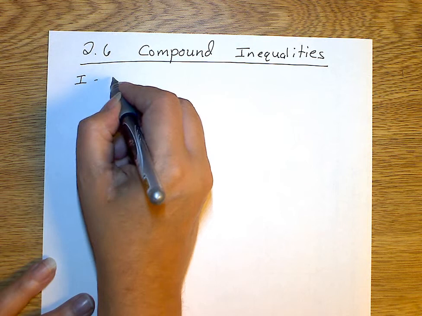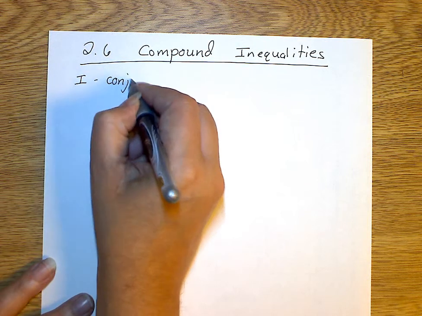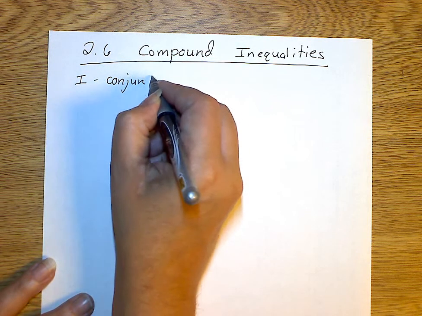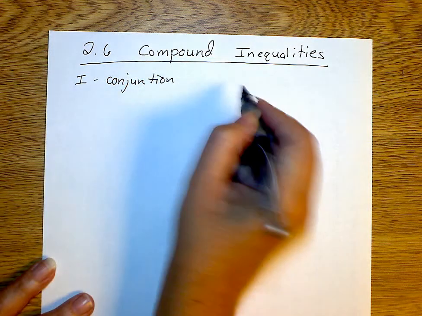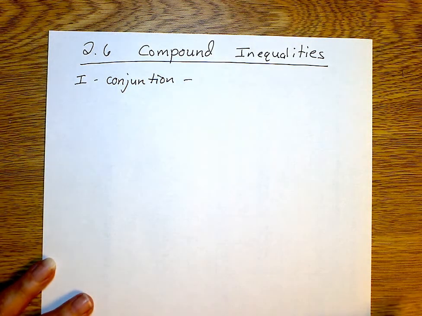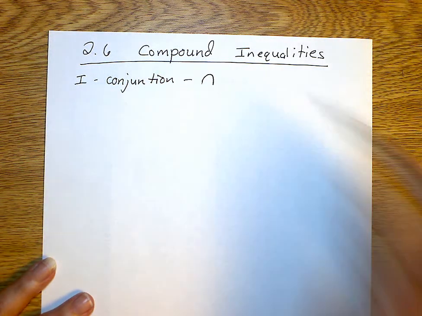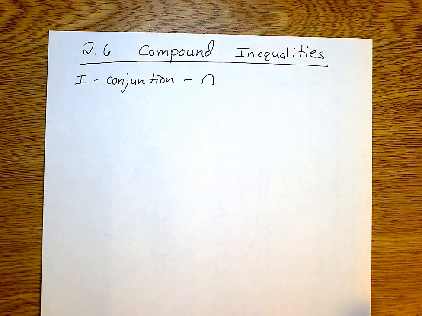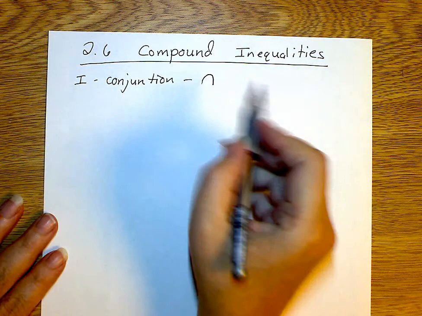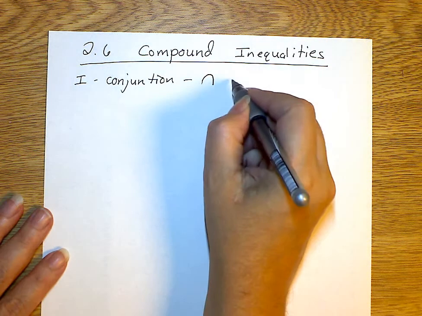conjunction. Some of you might have seen it like this. How many of you have seen that symbol? All right. Just so you know, what it is, you will also see the word and.